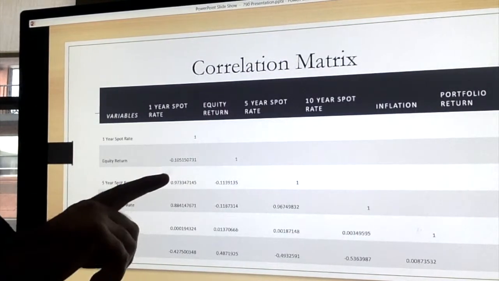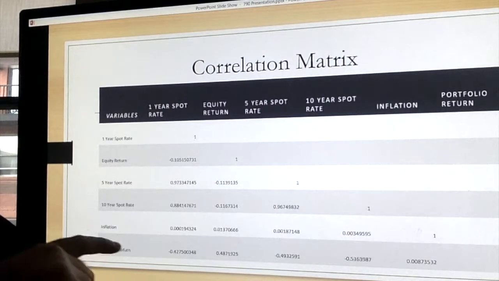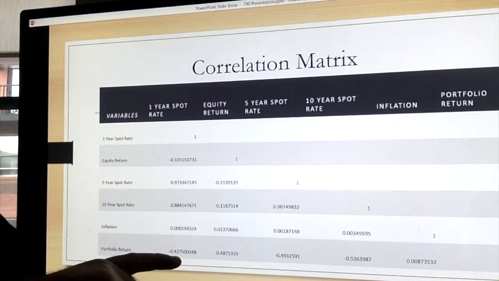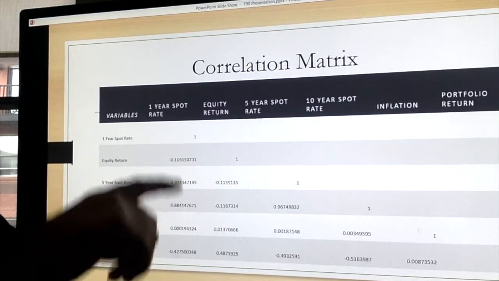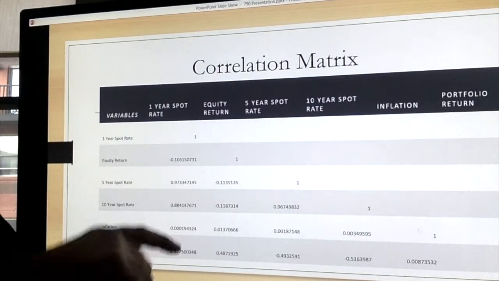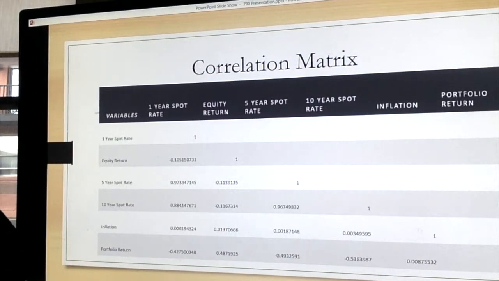Another thing I can add here is that the equity return is negative 0.10 with the 1 year spot rate, for example, but the portfolio return coefficient is almost triple. So we can say yes, portfolio returns are a lot more negatively correlated with interest rates than the equity returns.